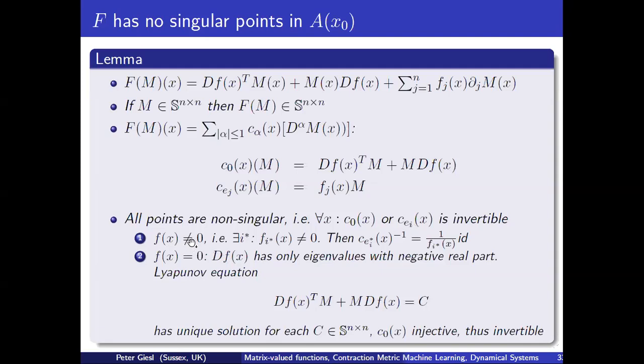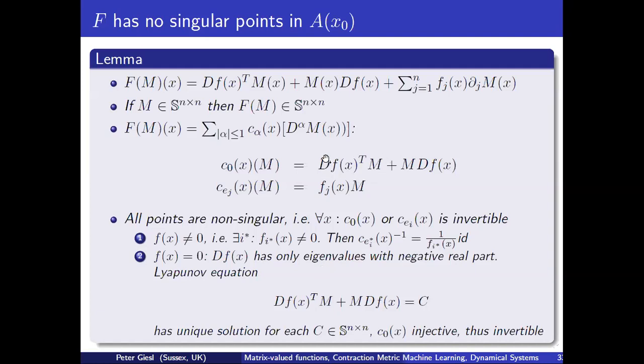If f of x is not 0, which means we're not in an equilibrium point, then clearly f is non-zero, so one of these must be invertible. If we are in the equilibrium point, then df has only eigenvalues with negative real part. That's what we're using here, that we have an exponentially stable equilibrium point.